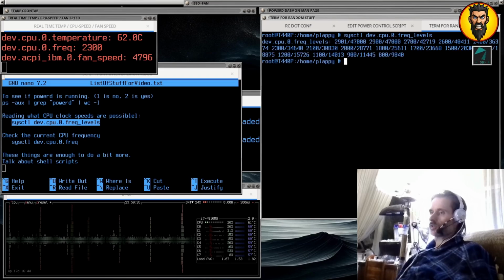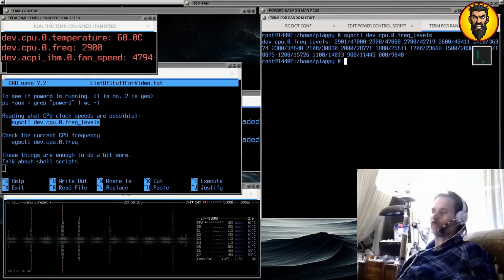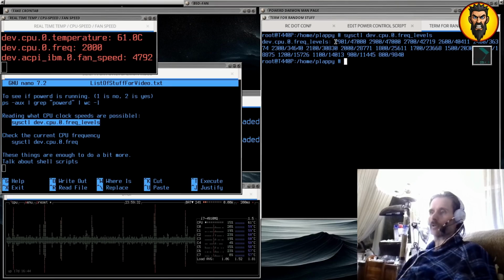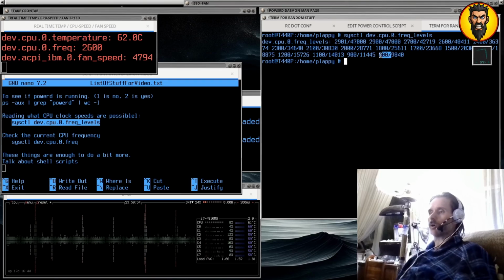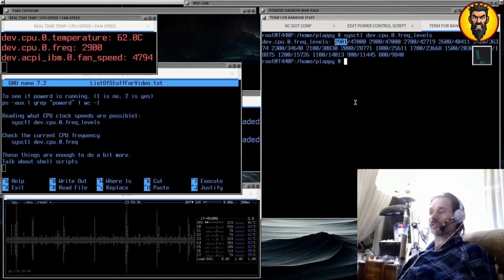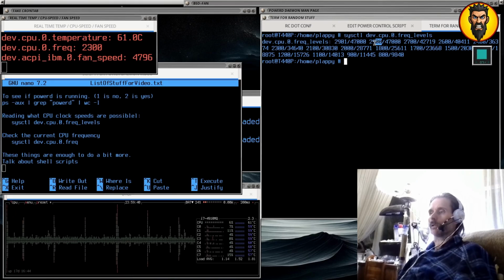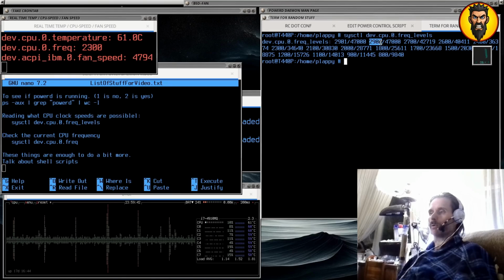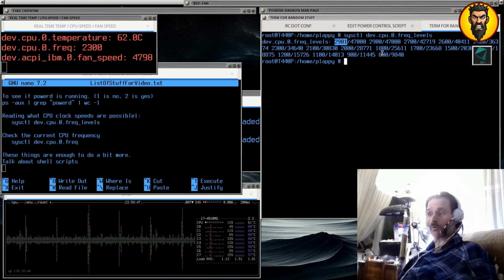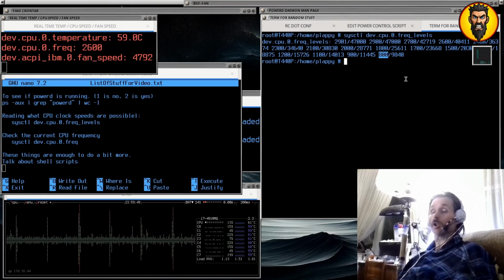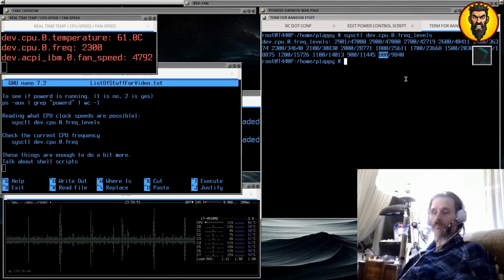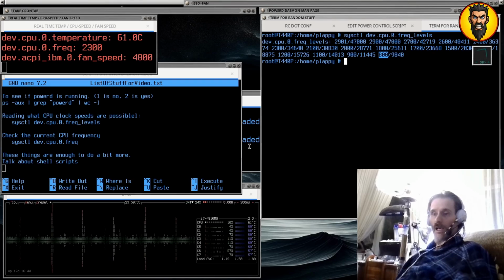But this here gives you a list of all the potential frequencies that your CPU can manage, all the way from 800 all the way up to 2901, which is a boost clock. So 2900 is your maximum non-boost clock. 2901 is your maximum boost clock, and 800 is the lowest that you could possibly get the system to do.